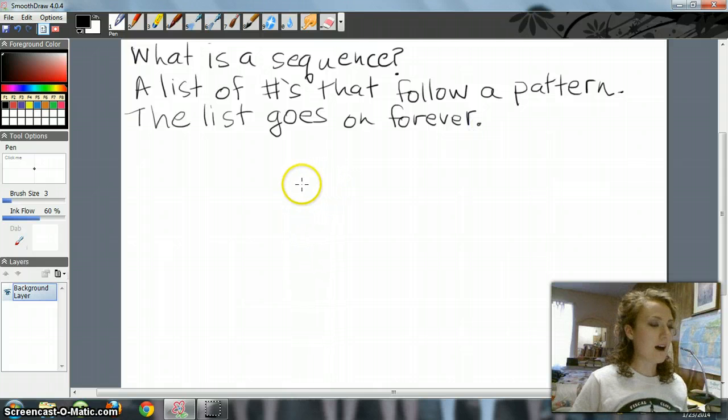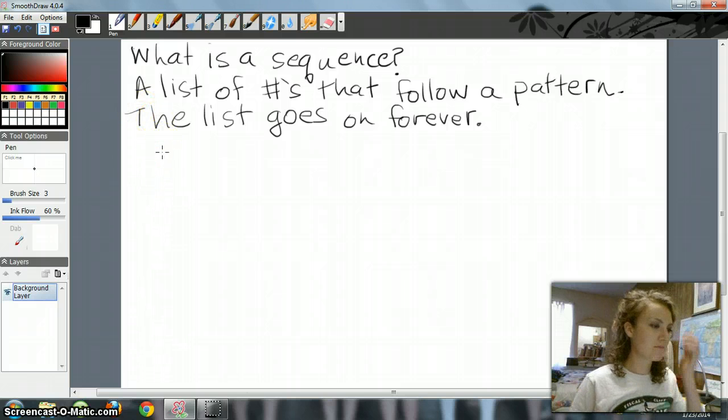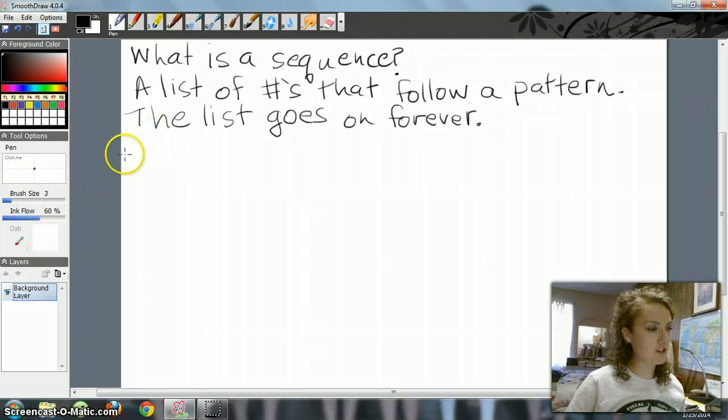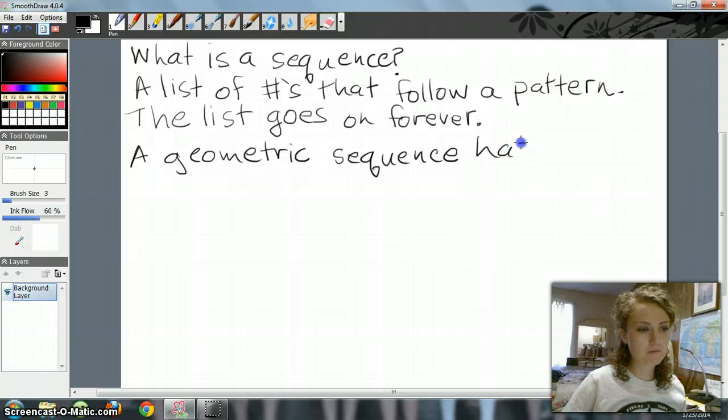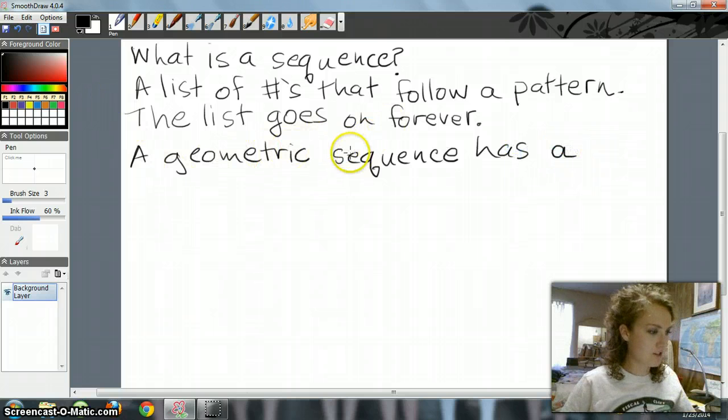Okay, I gave two examples of sequences, but neither of them were geometric sequences. So now let's talk about what a geometric sequence is. A geometric sequence has what we call a common ratio.